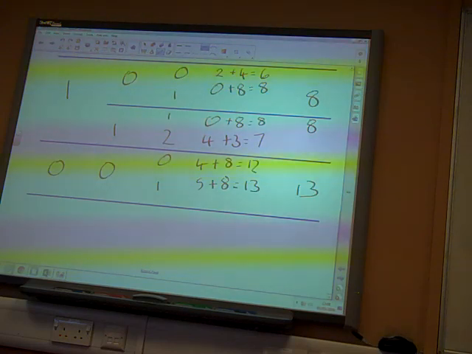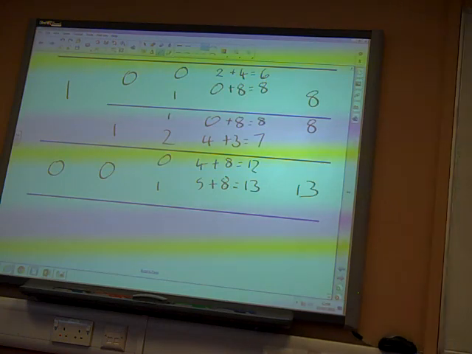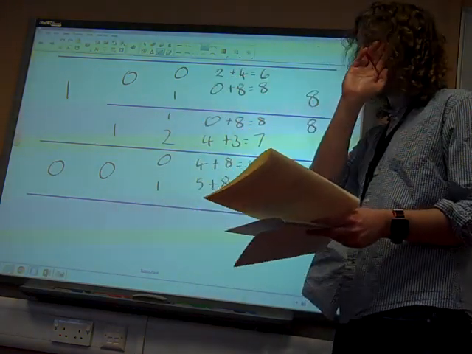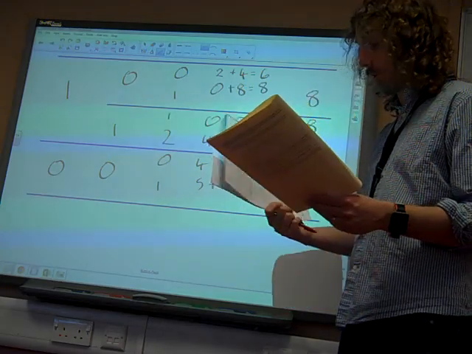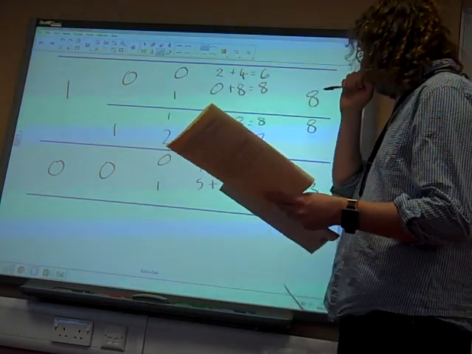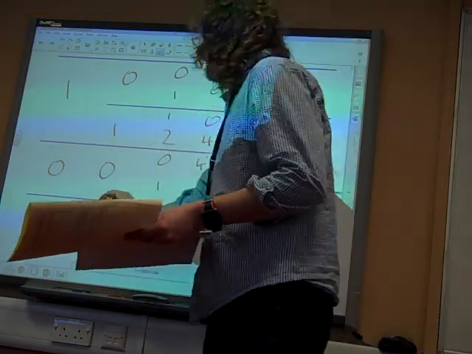But that's not the end of our answer, because the question did say, write down Jeremy's route. Okay, so we're going to work our way back through this route. So what does it relate to? We were at 0, 0.